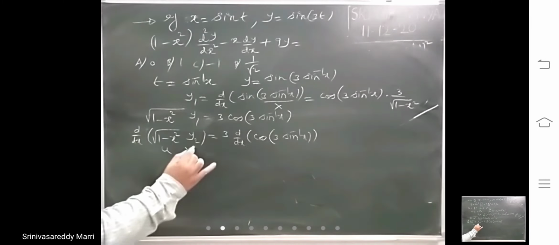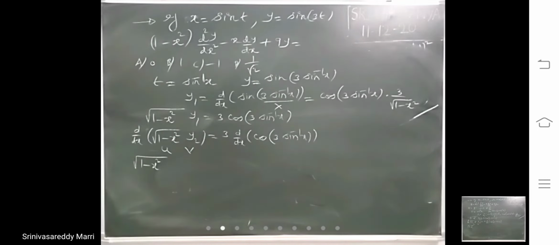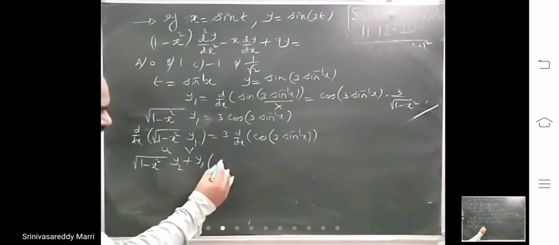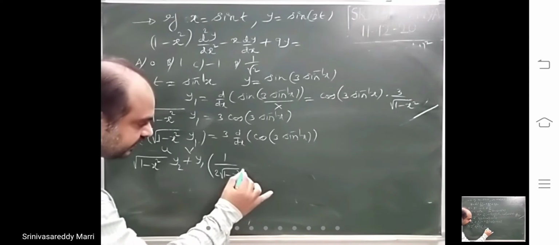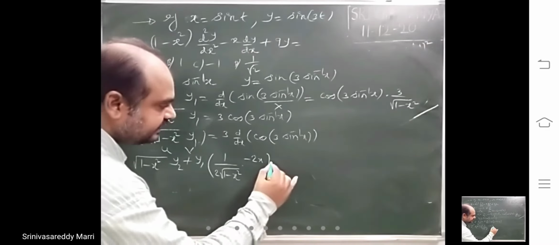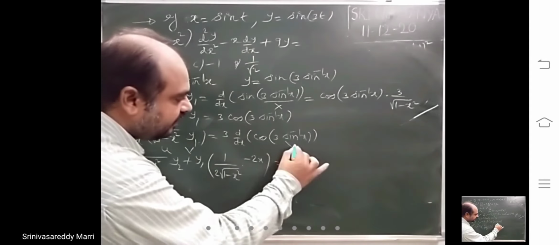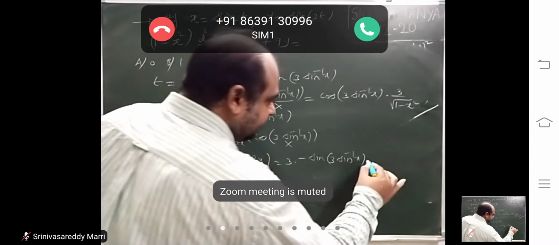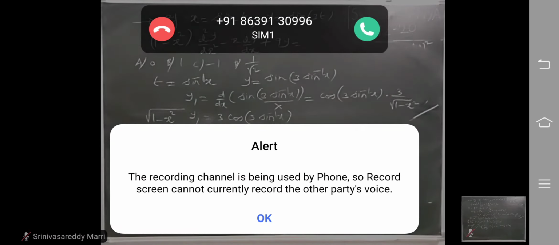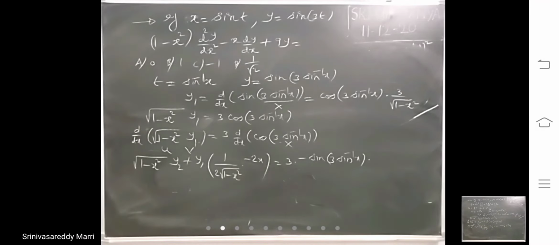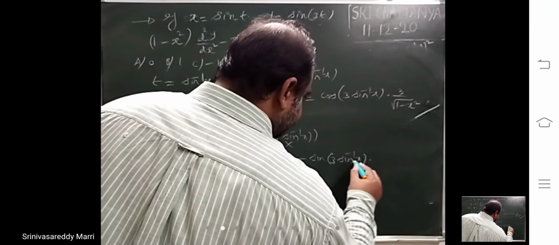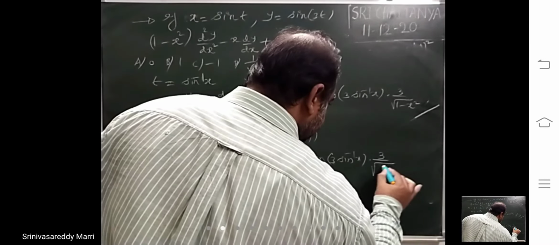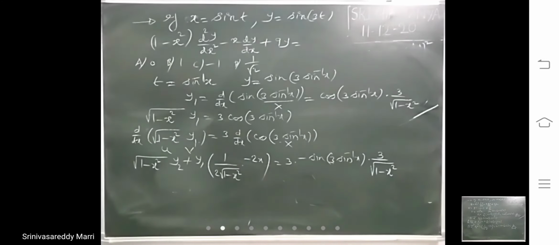Now this is u, this is v. u into d by dx of y1, that means y2, the second derivative, plus y1 into the derivative of root of 1 minus x square, 1 by 2 root into d by dx of 1 minus x square, minus 2x, equals 3 into d by dx of cos, so minus sine into d by dx of 3 sine inverse x, 3 by root of 1 minus x square.